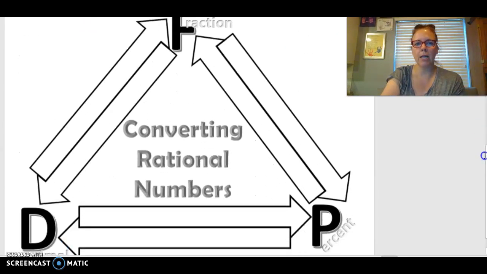So go down here. We're going to break it up a little bit. We're going to use this arrow, decimal to percent. I'm sorry, it's not decimal to fraction, it's decimal to percent.